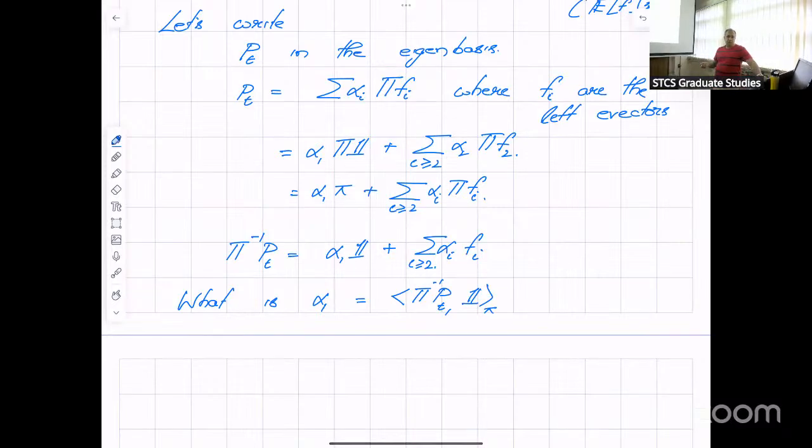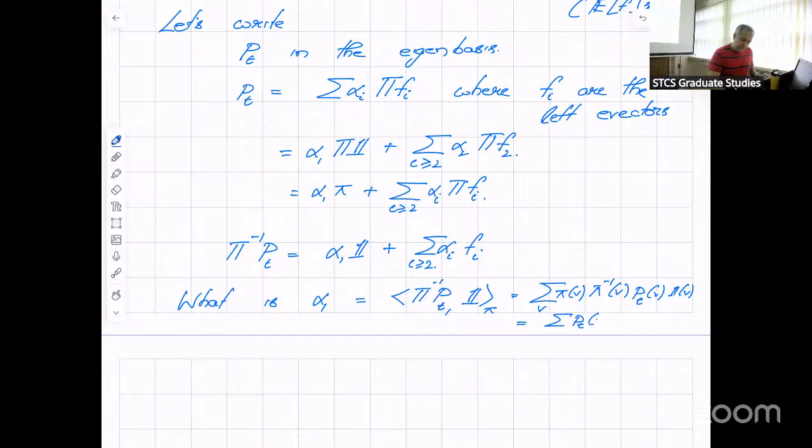That's how you get this. But what is this? This is summation over v. You average, that's because of the pi inner product definition. But then this is pi inverse of v, P^t v, and 1, which is just summation P^t v, which is 1.